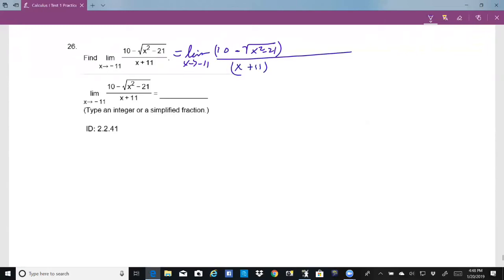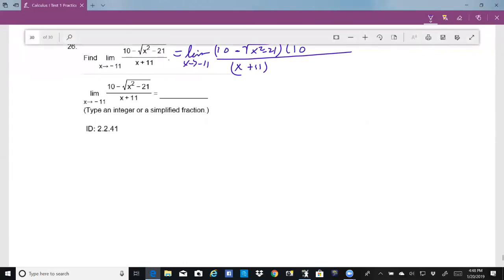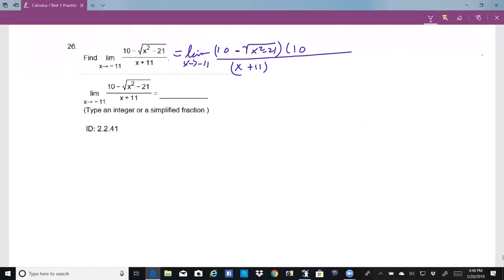And we want to multiply the numerator and the denominator by the radical conjugate, which would be 10 plus the square root of x squared minus 21, and multiply the denominator by the same radical conjugate.